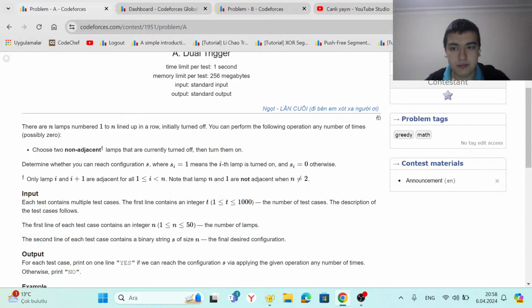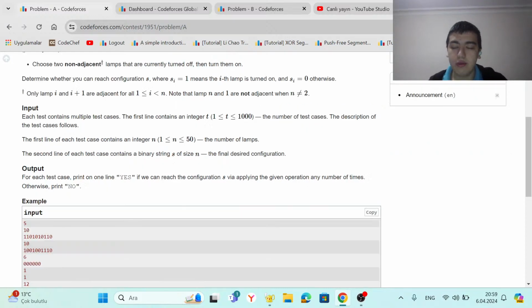We need to reach the configuration S, where S_i equal to 1 means the ith lamp is turned on, and otherwise it's turned off. And here it gives the definition of adjacent. What can we do in this problem?